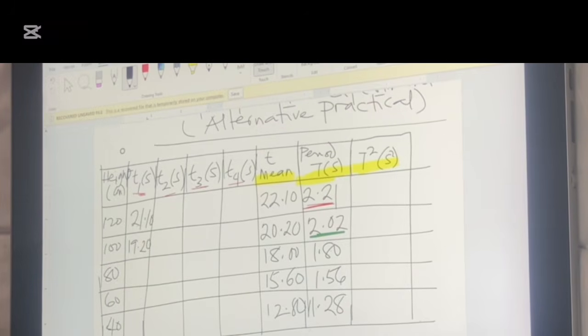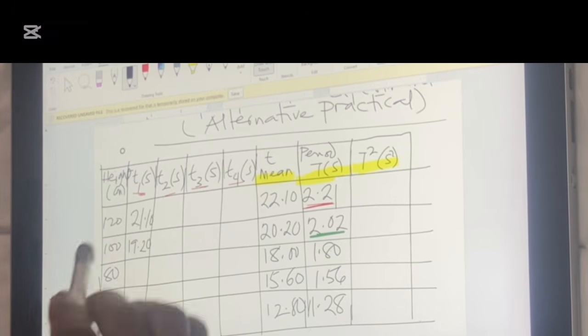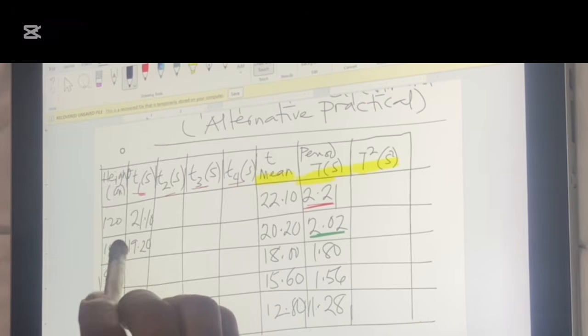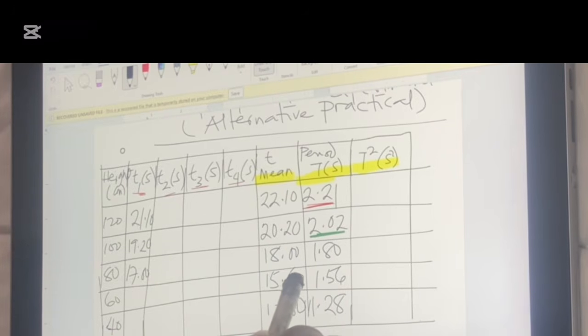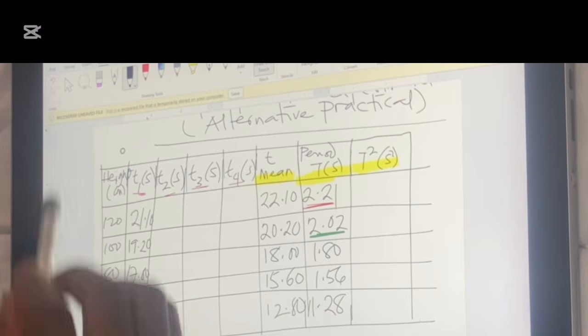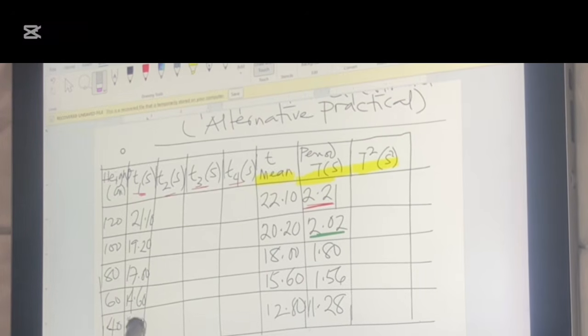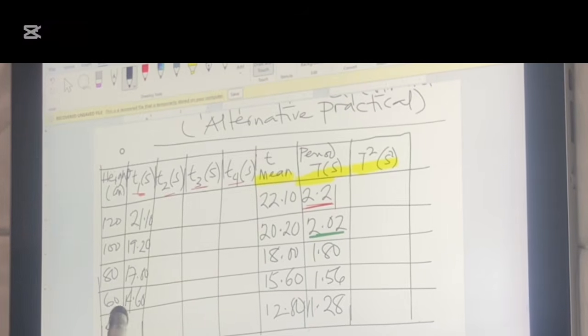Now the next one, 18 minus 1 will give us 17.00. Please take note. 15.60 will give us 14.60. This will give us 11.80.